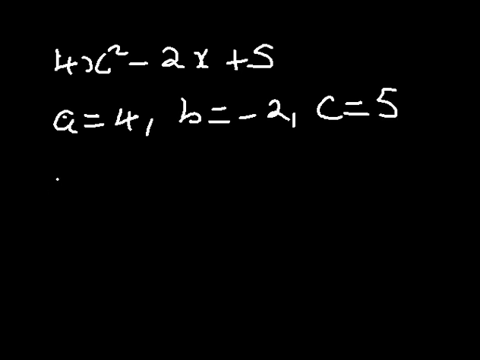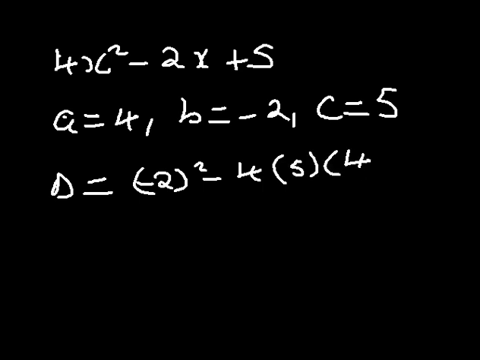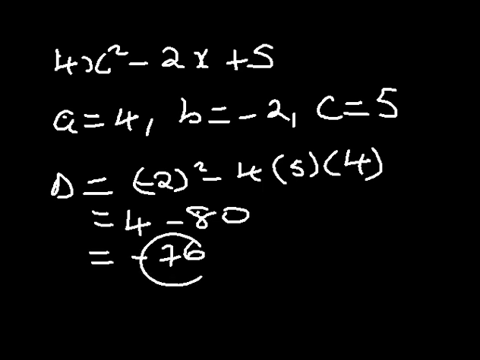Now the discriminant D is b squared, that is negative 2 to the power 2, minus 4 times 5 times 4. In this case we have 4 minus 80, so that would be negative 76. So this is the value of the discriminant you should understand.